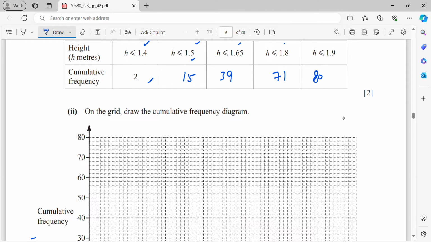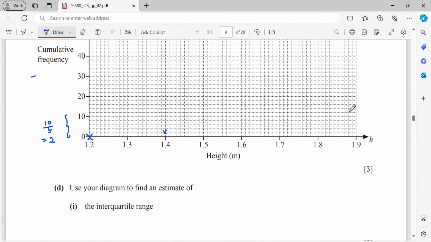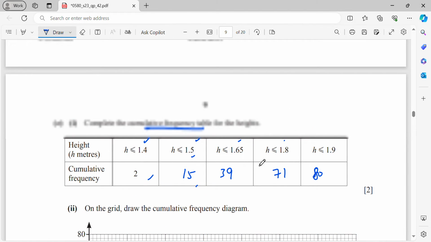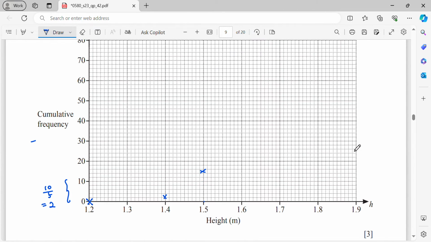So at 1.5, you get 15. So 1.5, 15, here is 5, 12, 14, 15 is in the middle. Okay, next class, 1.65, 39. Now from here, you can check. This is 0.1 unit divided by 10 squares. It will be 0.01 unit, right?